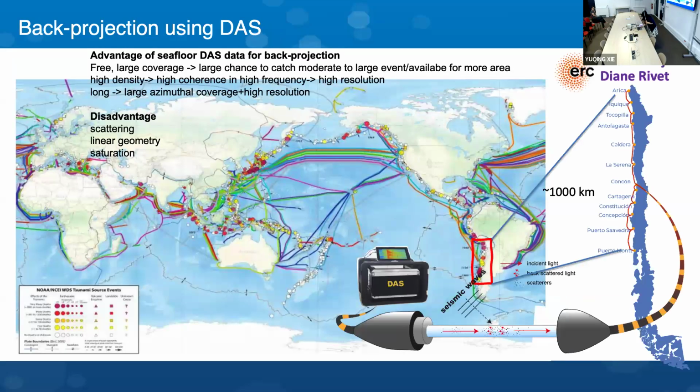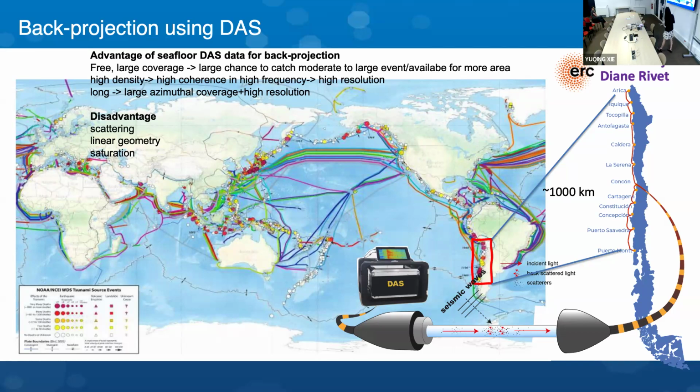I think that's one of the motivations of the ABYSS project, because this data set from the ocean bottom is closer to the trench and has very high density, so it could improve the current warning system in Chile, because the seismometers are very sparse here.